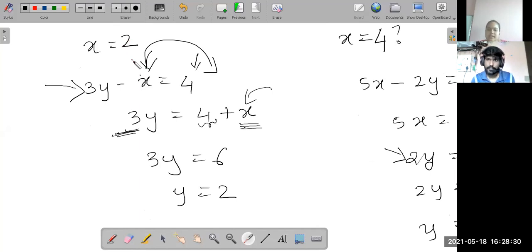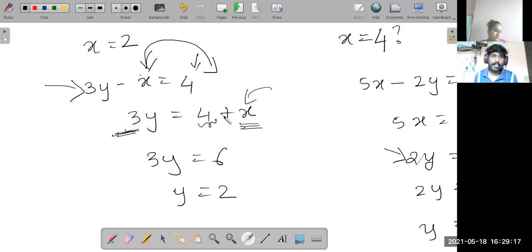Write it down. So x comma y is 2 comma 2. Correct. Yes, done. Now we can start.